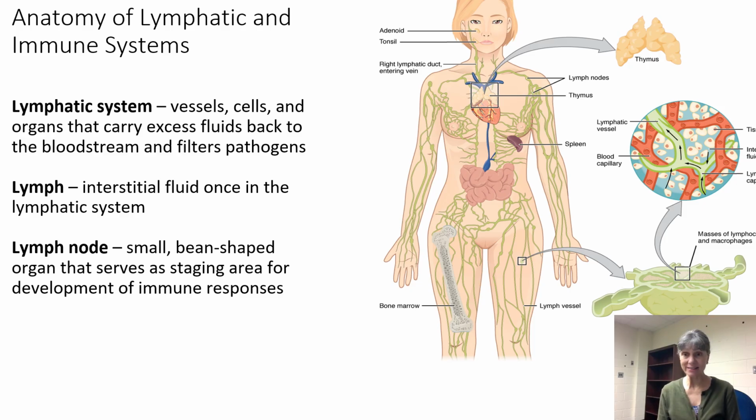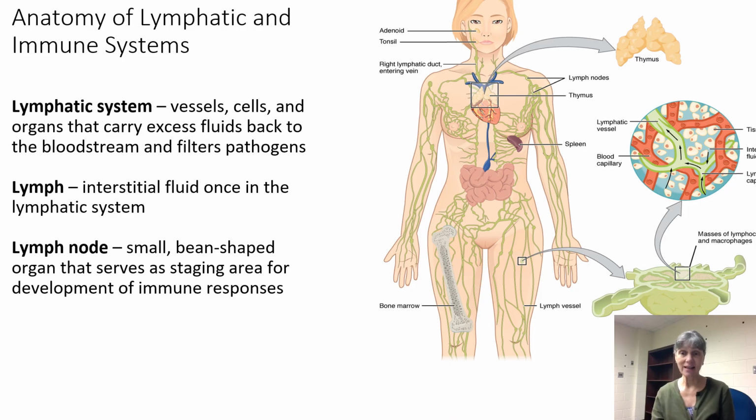The lymphatic system is comprised of specialized vessels, cells, and organs that carry excess fluids that came from the bloodstream initially and went into surrounding tissues back to the bloodstream. As they carry that fluid back to the bloodstream, they go through special organs that are designed to help filter pathogens and antigens.